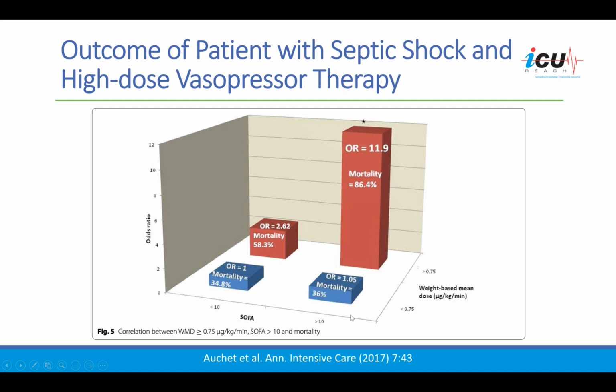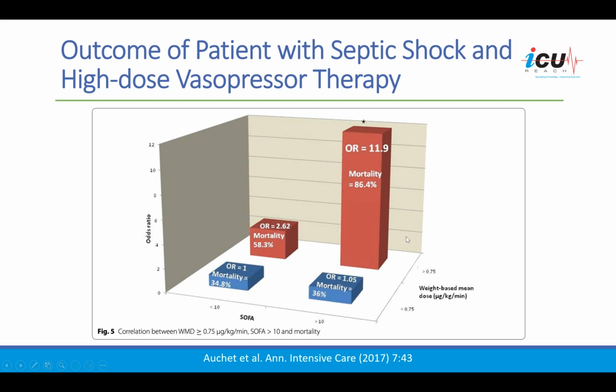However, when this is actually plotted against how many organs do we have, how many dysfunctional organs do we have, or in other words, the SOFA score, when the SOFA score was above 10, the mortality rate was very high at 86%, compared to those patients who required a higher amount of norepinephrine but had a SOFA score of less than 10, they had a mortality rate of 58%.